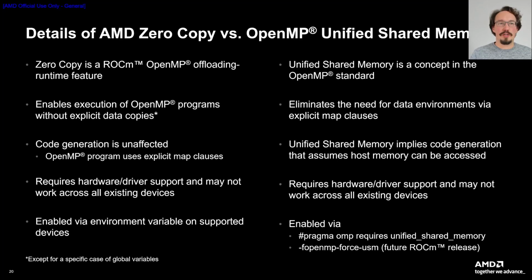USM also requires hardware or driver support. It can be enabled via manually adding the OMP requires unified shared memory pragma into source files, or with an experimental compiler flag that will be part of a future ROCm release.